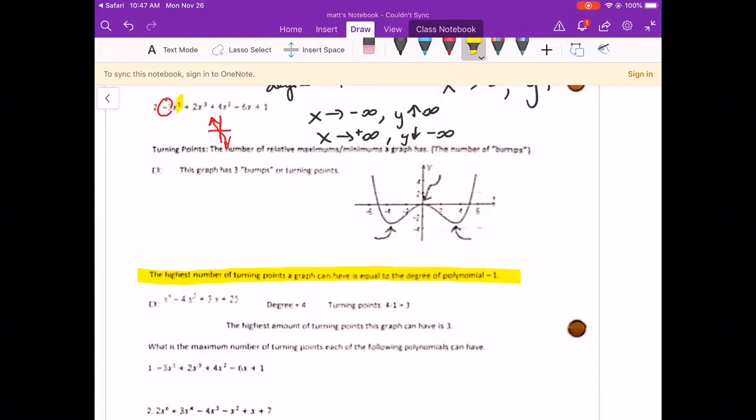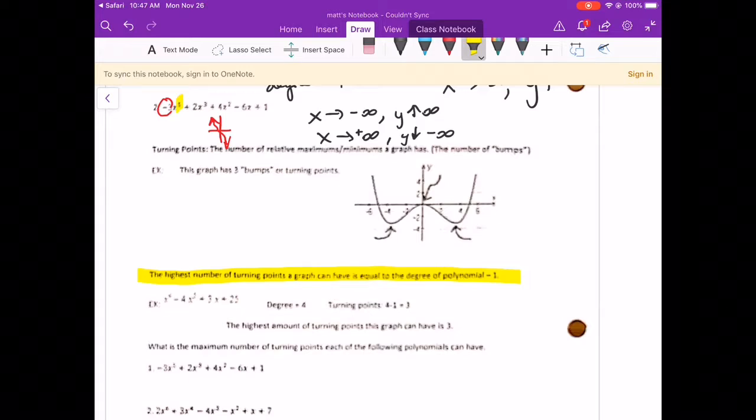That starts, stops, bounces, bumps, where it changes direction, goes up, comes down, comes back up. The highest number of turning points a graph can have is equal to the degree of the polynomial, so the highest power, minus 1. So if the degree of your polynomial is 8, then the highest number of turning points that it could have would be 7, because 8 minus 1 is 7.